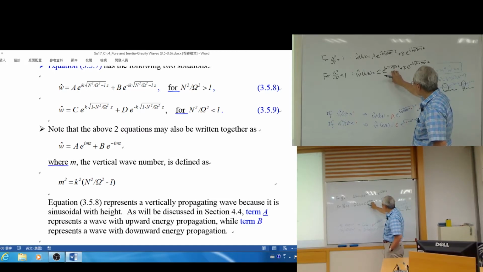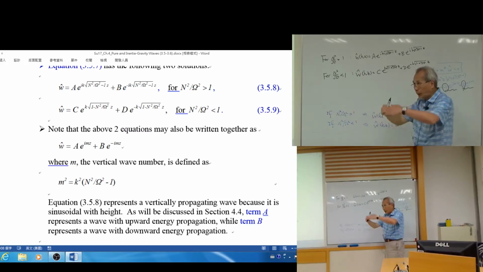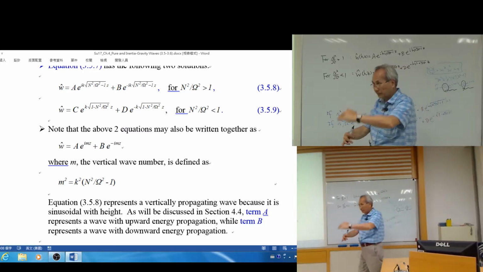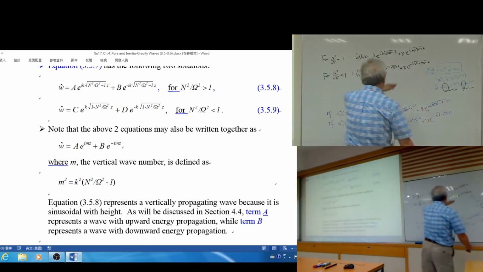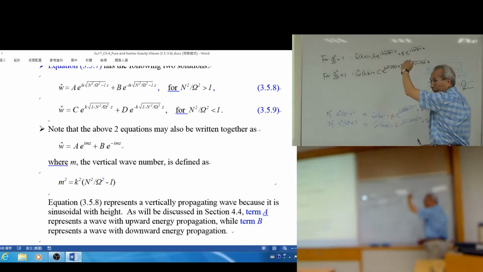Okay, so here the disturbance will increase with height. Here it will decrease with height.